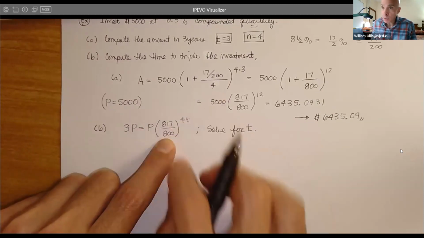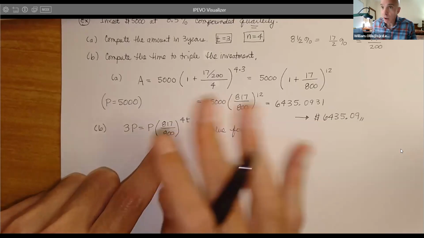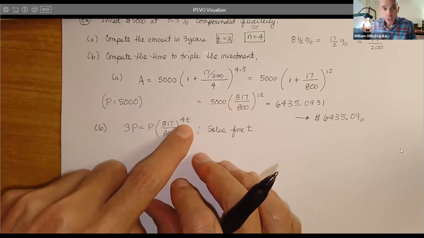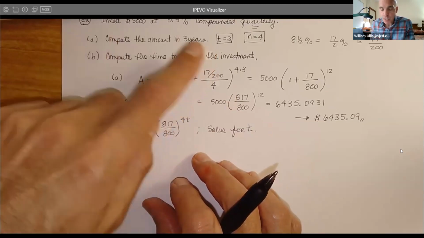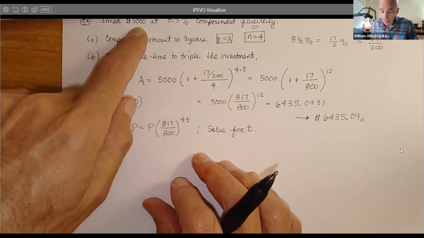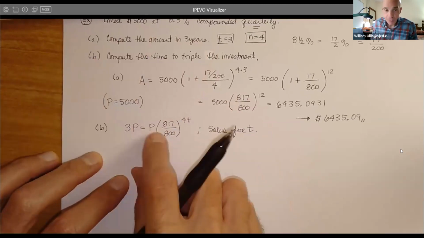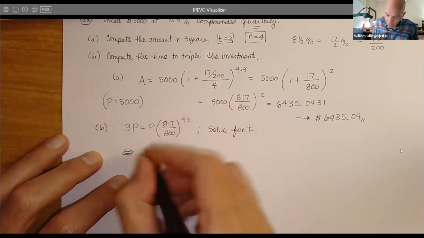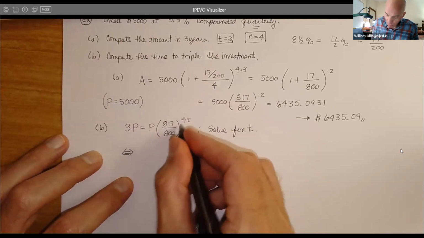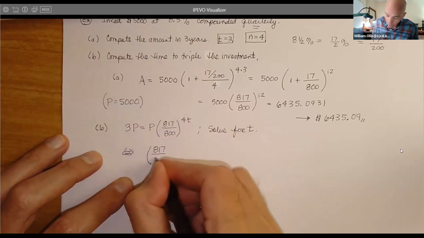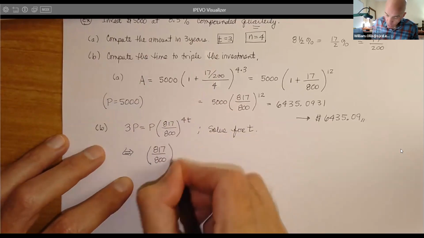This is an exponential function, just the base looks kind of odd to us. And then we need to solve for t, because we need to know how long it's going to take under these circumstances for this money to triple, that is, become 15,000. So now we can see that the P is absorbed. Let's write this on the left-hand side: 817 over 800 raised to the 4t equals 3.